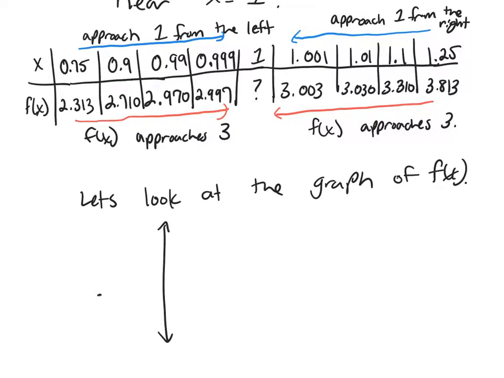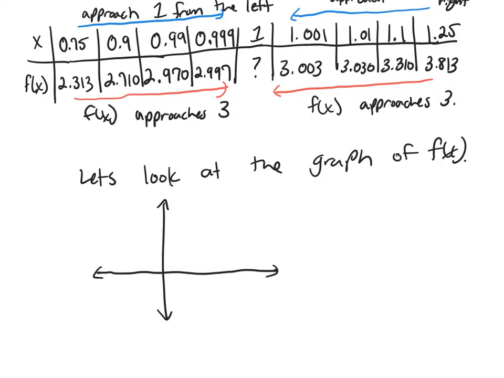And remember your domain, your function is not defined at x equals 1. So let me sketch out the graph here for you. So here's my graph, and you do have a little hole there because your function is not defined at x equals 1.